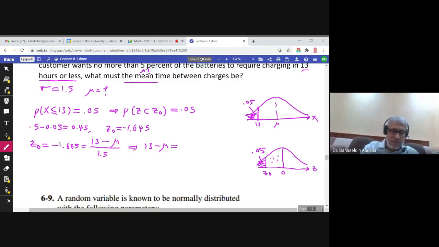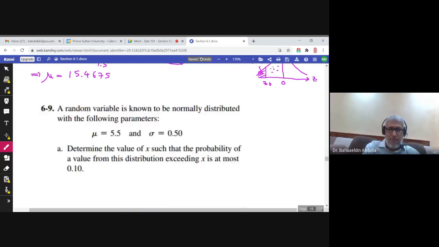Cross multiplication, we get negative 2.4675. So if you bring this number to this side, mu would be 13 plus this number, and the answer would be 15.4675. So this is the mean. So this is how we find the mean.